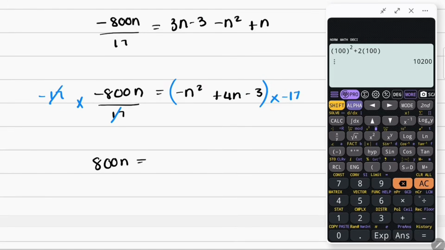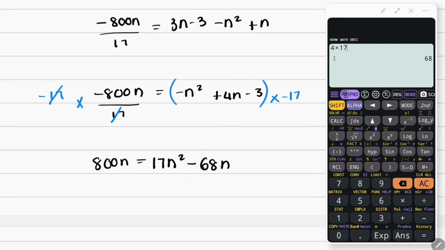And now we're going to distribute, and I'll just leave the calculator here. So let's multiply. That is going to be positive 17n squared. And then 4 times 17, that's 68, so negative 68n. And then 3 times 17 is 51, so that becomes positive 51.